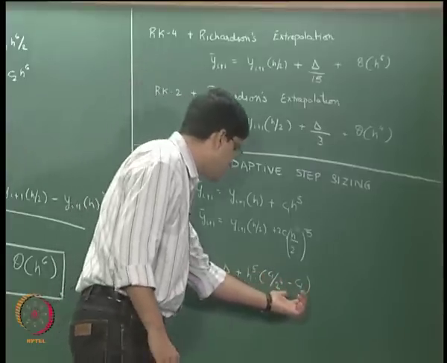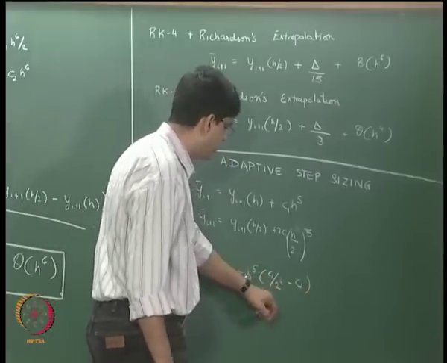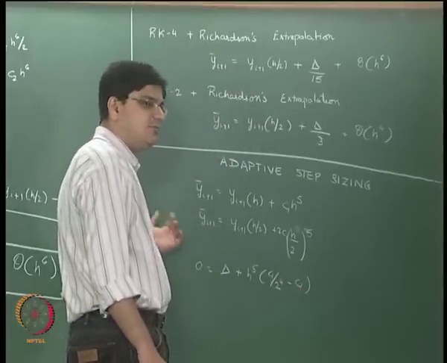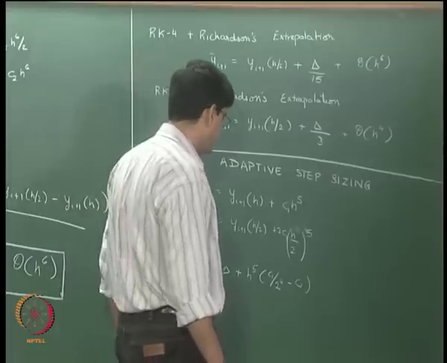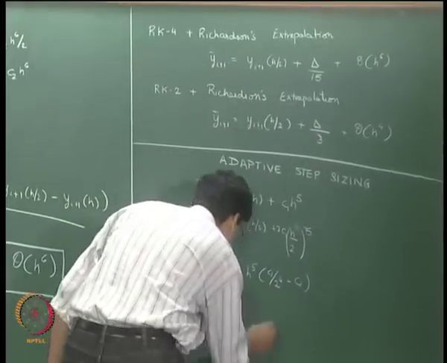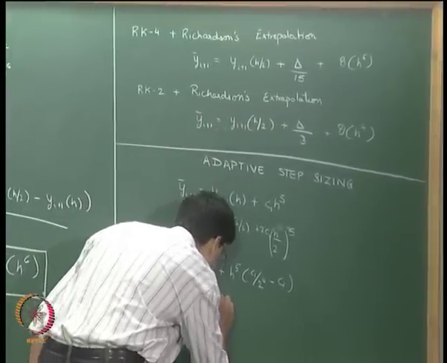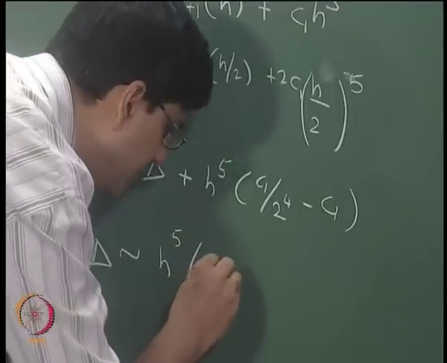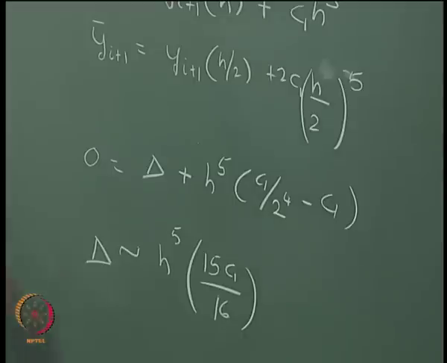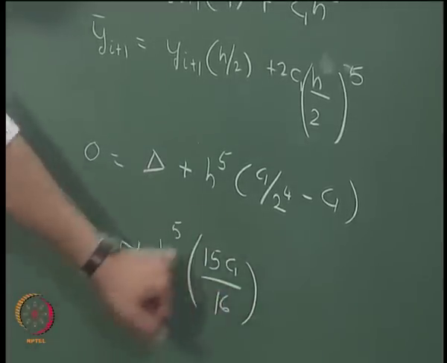So we take this equation to the other side, and this is going to be 1 by 16 minus 1, which becomes 1 minus 1 by 16, or 15 by 16. So the estimate of delta is going to be h to the power 5 multiplied by 15 c1 by 16, some constant of this form.